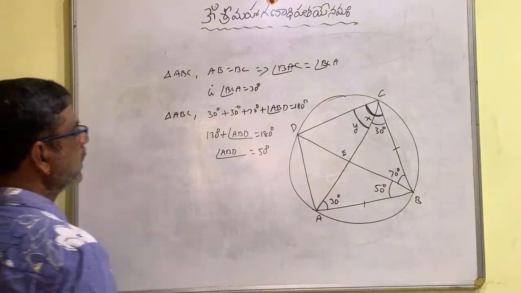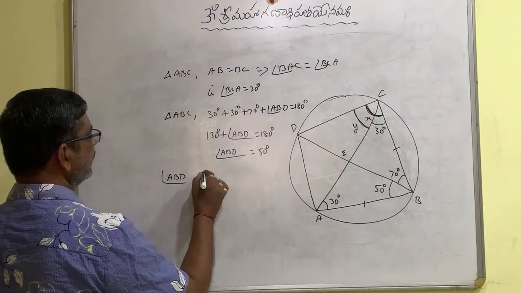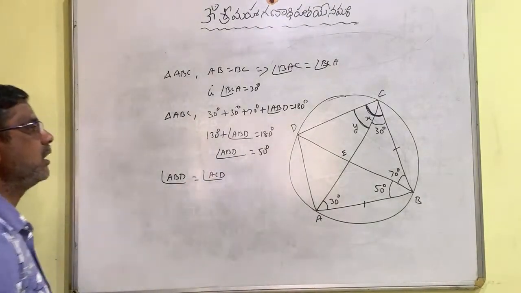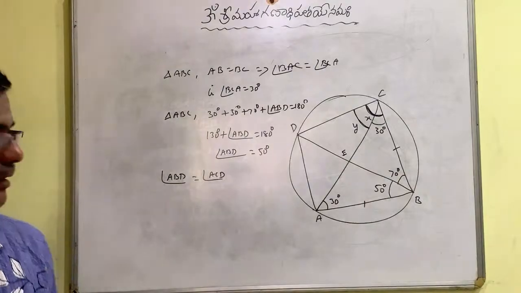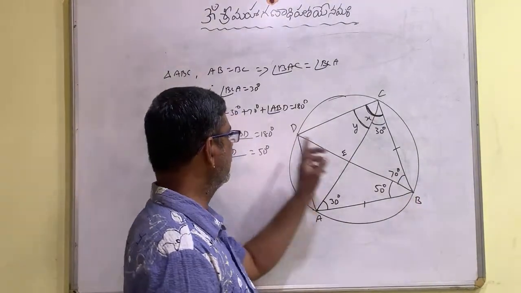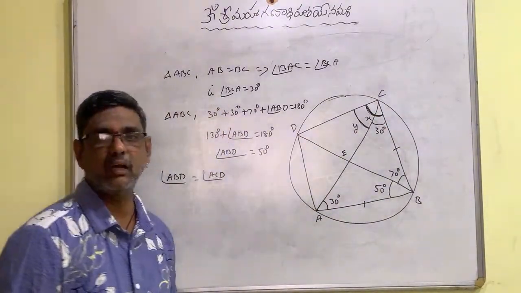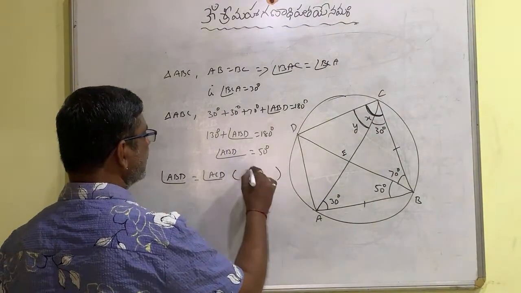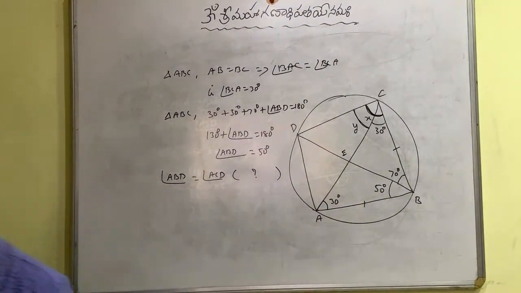Now, observe angle ABD and angle ACD. Can I say they are equal? Are they equal, children? If they are equal, you need to tell me the reason. You feel they are equal?